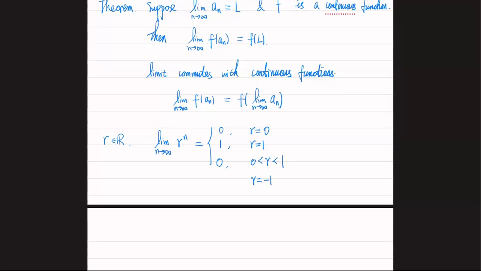If it's -1, then the power: when n is 1, -1; n is 2, 1; -1, 1, -1, 1. So it oscillates between the two values, and in this case the limit doesn't exist.